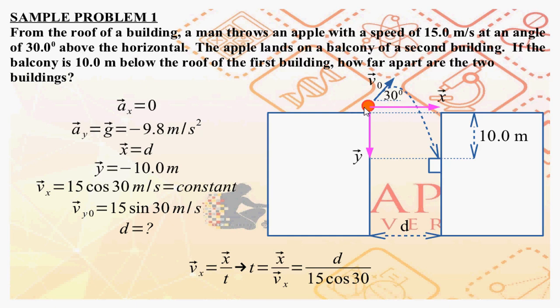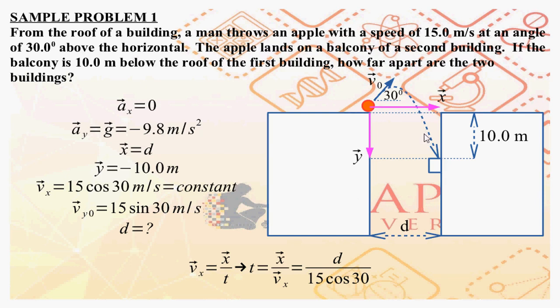The apple will undergo projectile motion and lands on a balcony of the second building. The balcony is 10 meters below the roof of the first building. How far apart are the two buildings?